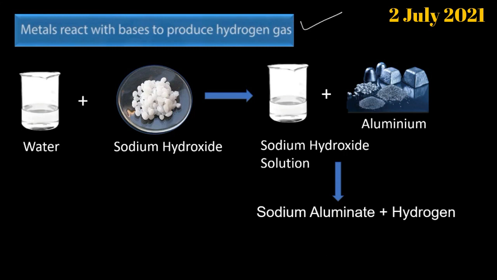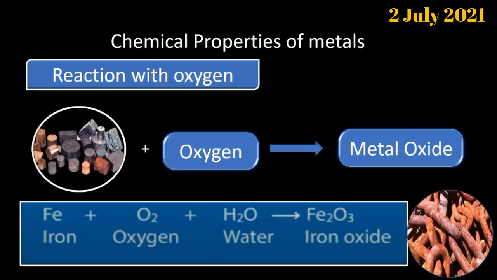Now let us summarize what we have learned in this video tutorial. Under the title Chemical Properties of Metals, we have studied how the metals react with oxygen, right? And what is the conclusion? Metal reacts with oxygen, gives metal oxide, and this equation is very important, right?